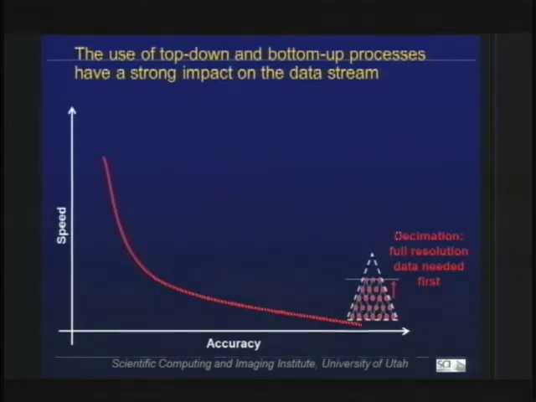What's of particular interest for us is top-down algorithms. So if what you can do is stream the data and get the coarse resolution first, then you want to do kind of the opposite of decimation, where you start with the fine resolution data and you build coarser and coarser models.